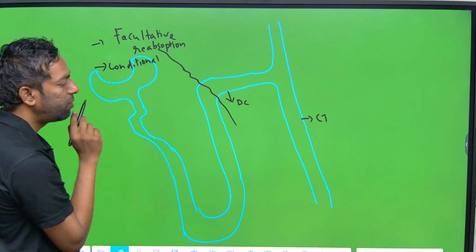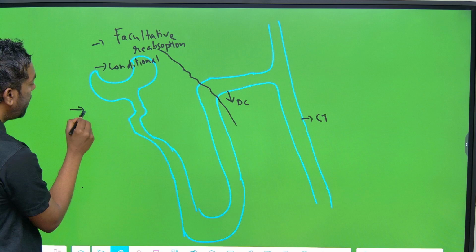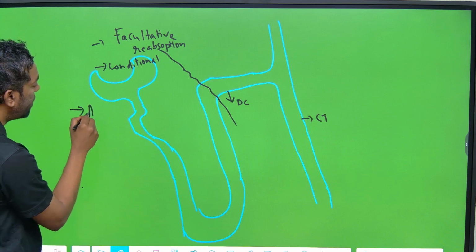What are the hormones involved in this? ADH and aldosterone.